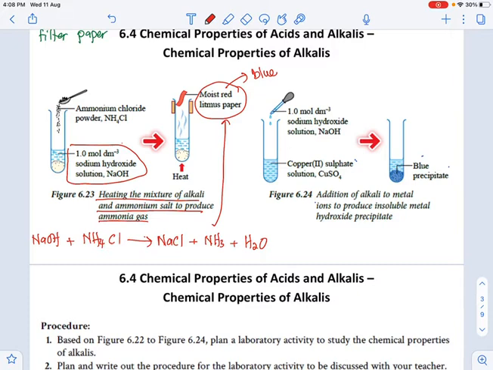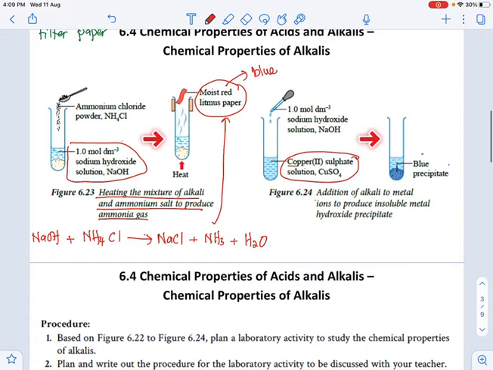And lastly is the addition of alkali to metal ions to produce an insoluble metal hydroxide precipitate. In figure 6.24, copper(II) sulfate solution is poured into a test tube. In copper(II) sulfate solution, which one is the metal ion? It is the copper(II) ion. Then add sodium hydroxide solution.